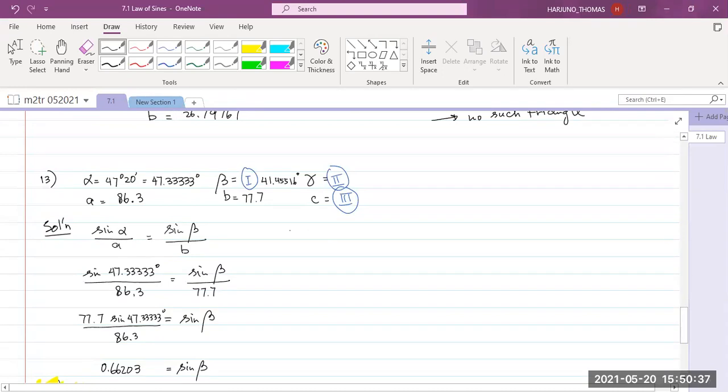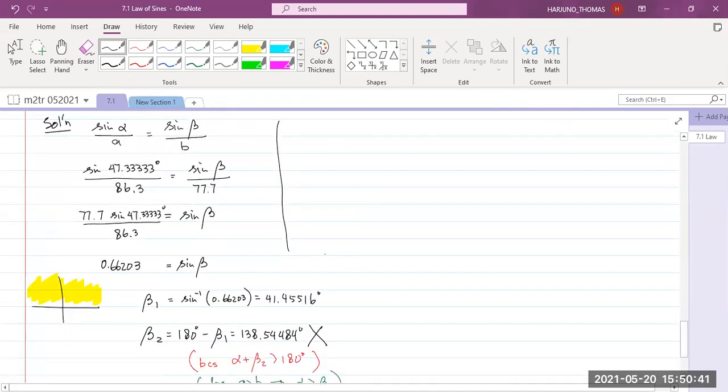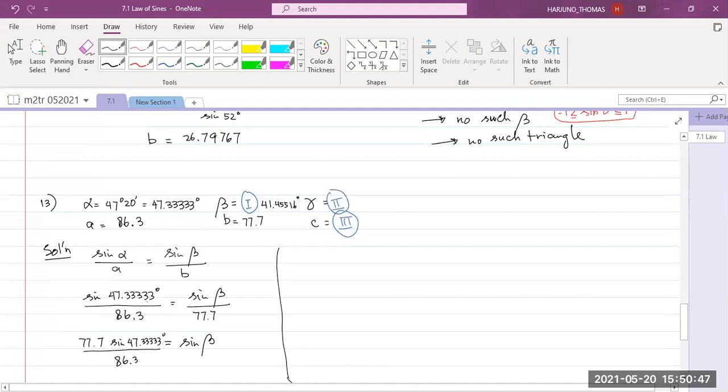Now, using that, I go on. This is to find beta. I will go on finding gamma. Gamma equals 180 degrees minus alpha minus beta.